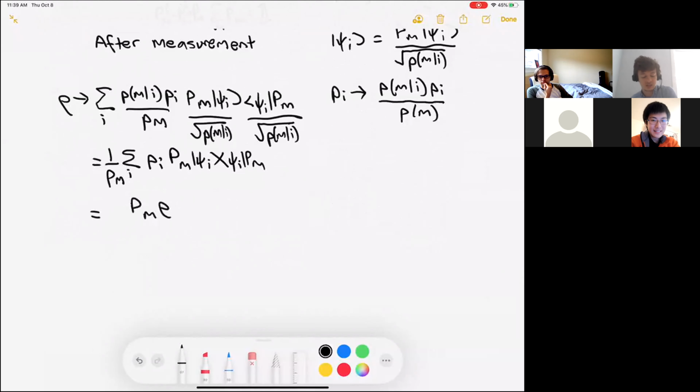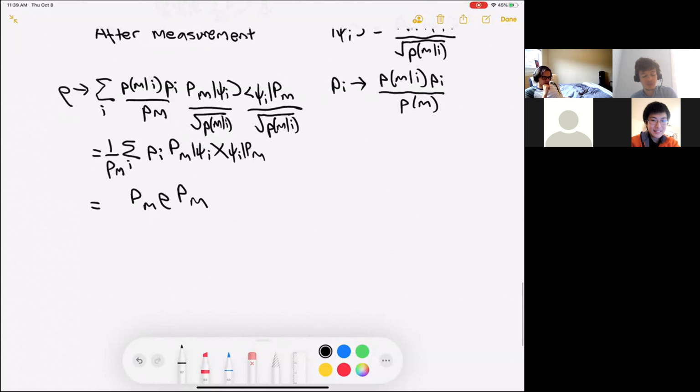This is just: take the density matrix, apply a projector PM on either side of it, so you're projecting it to only act in the subspace supported by PM, and then just divide through by the trace of rho times PM. This effectively ensures that the trace of rho still equals 1.